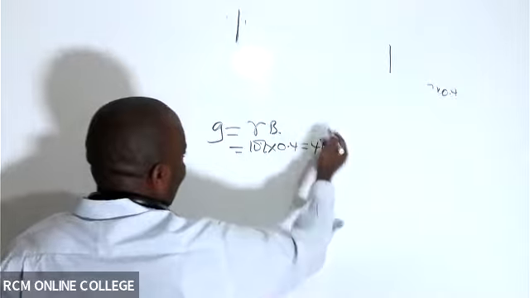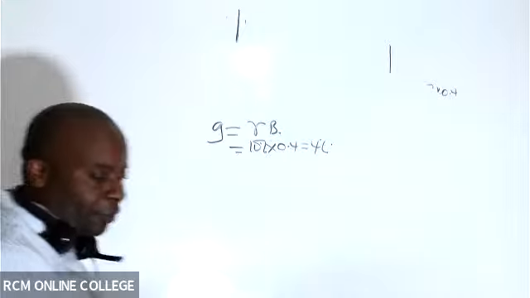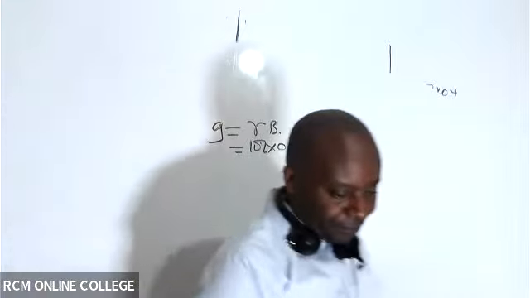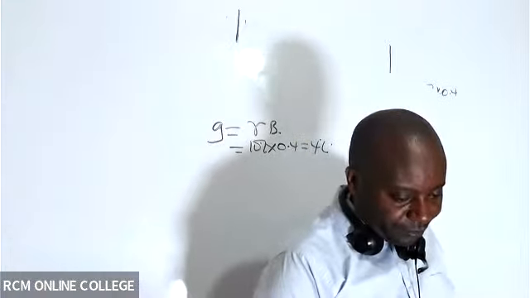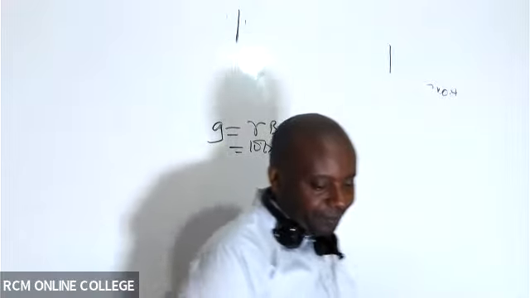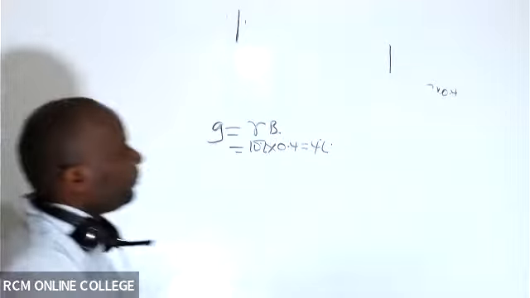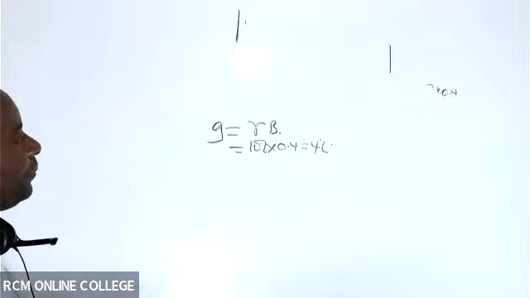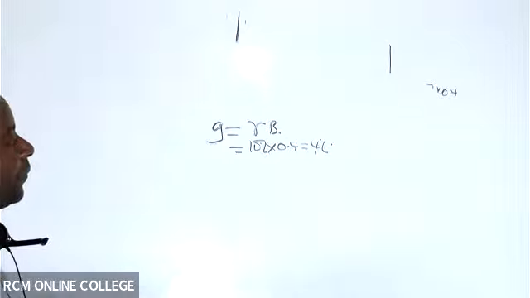This will be 4%. Very good. So G is RB like that.